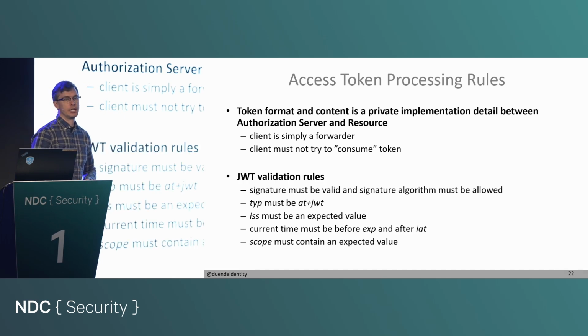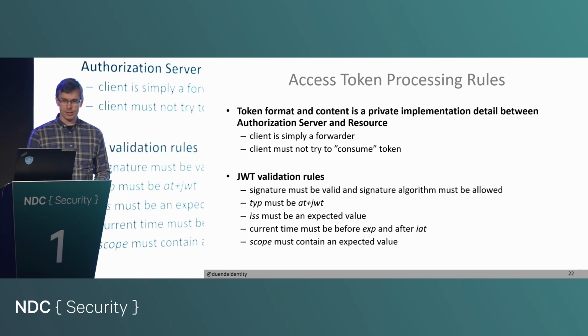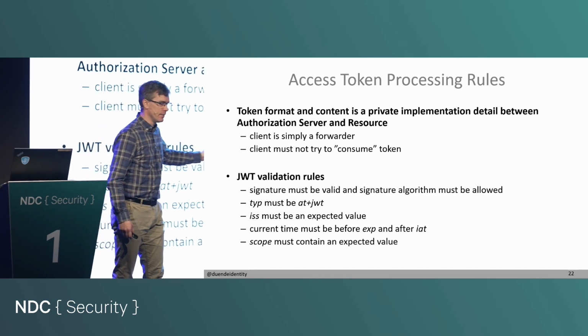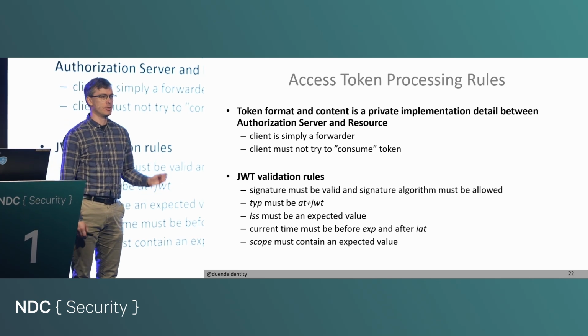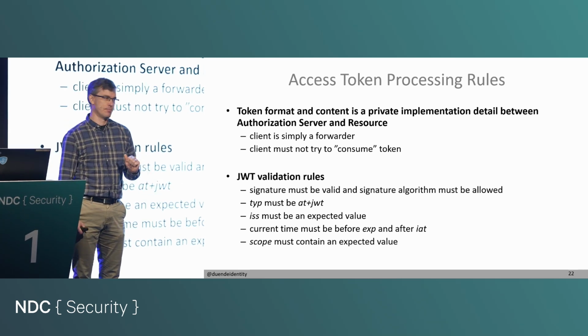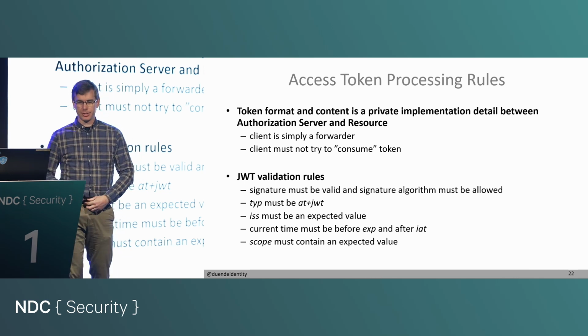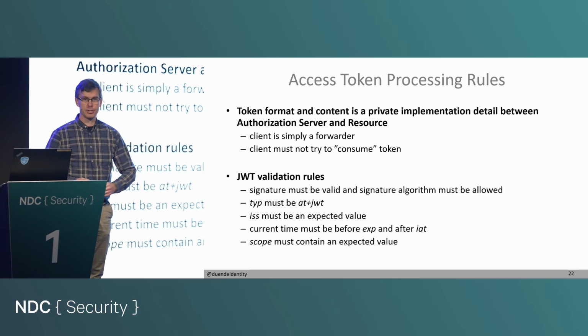If you're an API and want to process the token, validate it, there are some validation rules. You must validate the signature, and you must also validate that the signature algorithm is valid. In the spec, there is actually a signature algorithm called none. The idea was to use it for scenarios or flows where a signature is not needed, or for testing purposes.